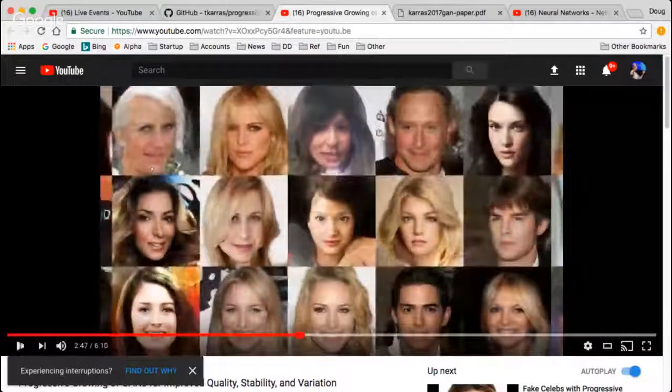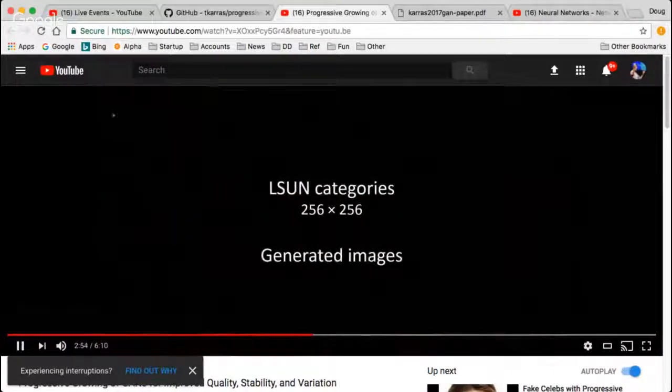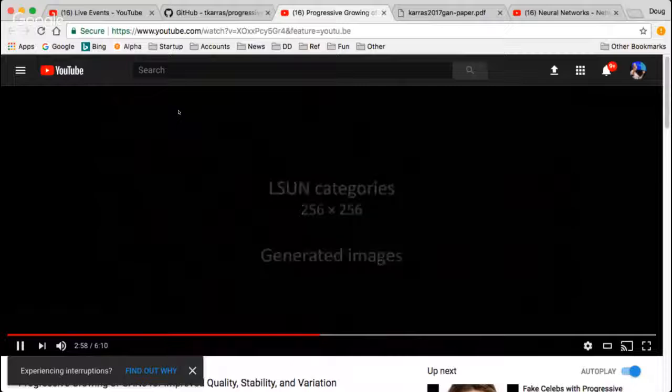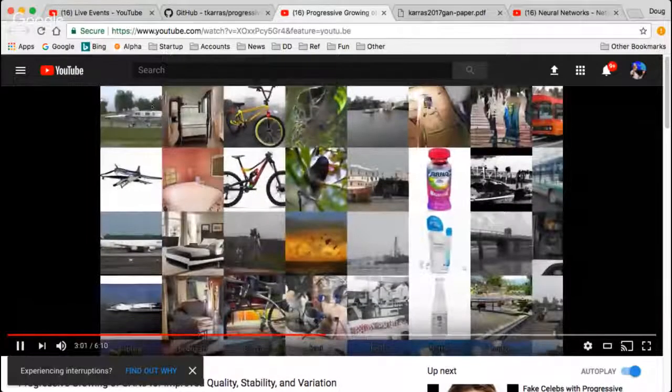They also did it on another database called LSUN, with categories of things, 256 by 256. You can morph between birds and all sorts of stuff.